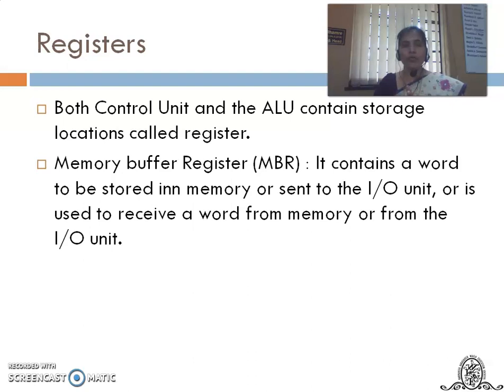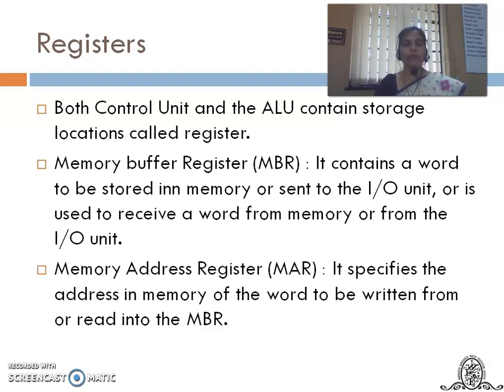It contains a word which needs to be stored in memory, or it needs to be transferred to the I/O unit, or is used to receive a word from the memory or the I/O device. So the memory buffer register is like a buffer. What is to be stored, which is to be sent to the memory or to the I/O device.